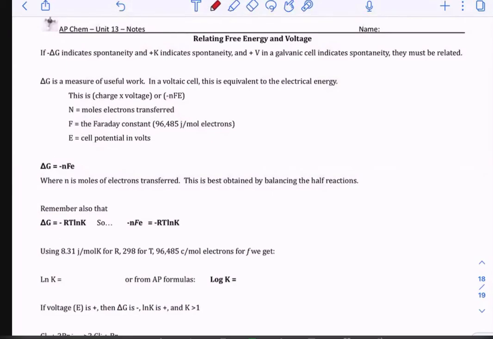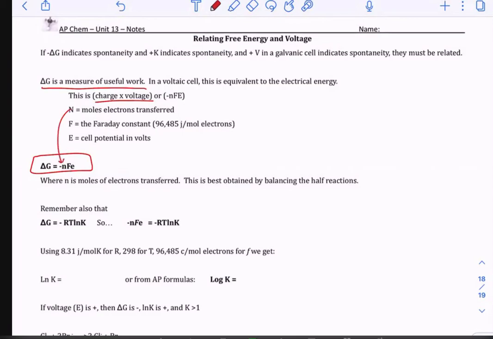Voltage and free energy are related, right? Since delta G is a measure of useful work. Delta G is measured in energy in joules, and joules can be found if we take a product of charge by voltage. So we can use this equation here to solve for the free energy if we know the potential, where N is the number of moles of electrons.